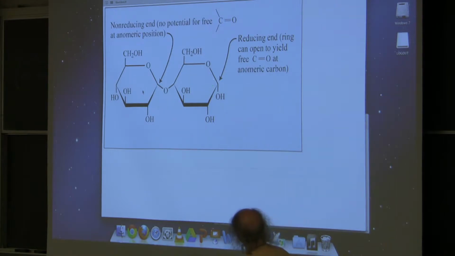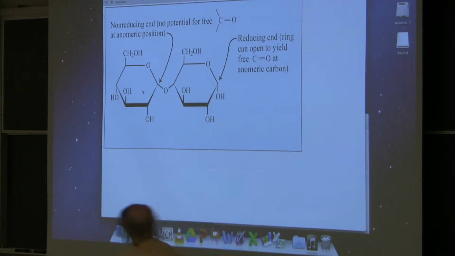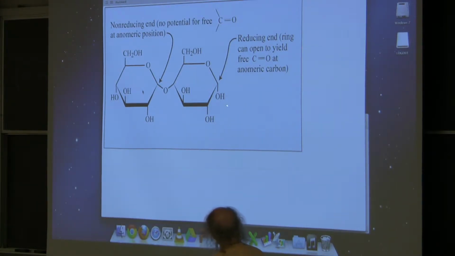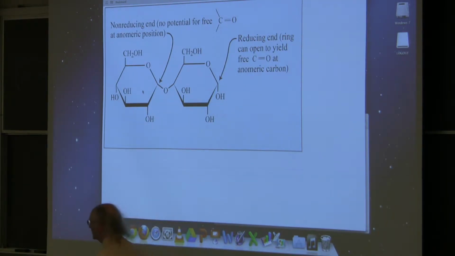Well, these things all relate to something that you see on the screen. And specifically on the screen, if I were to show you this, I would hope that you would look at this and say, oh, this sugar was an aldose. How did I know that? Well, I knew that by virtue of the fact that carbon number 1 was the one that connected to the oxygen.